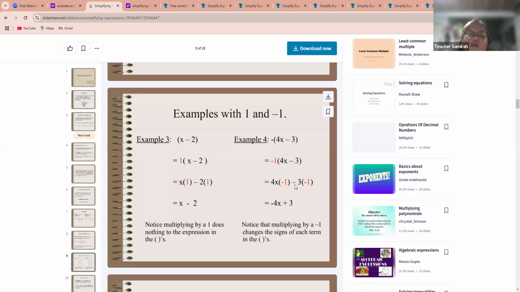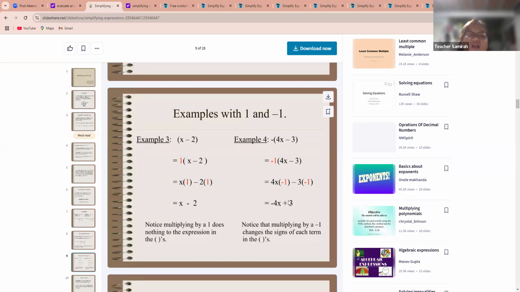And then since there is a negative sign before the 3, I am going to multiply negative 1 by the negative 3. So negative times negative would give me positive 3. Take note, this is your final answer because the first term is different from the second term.